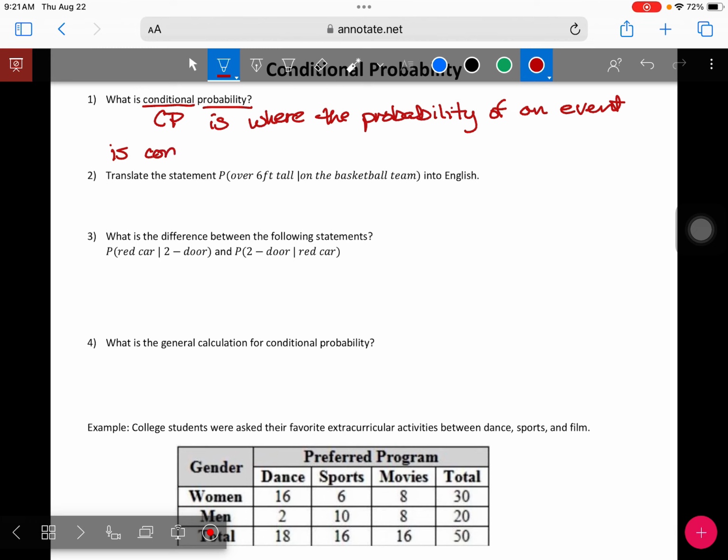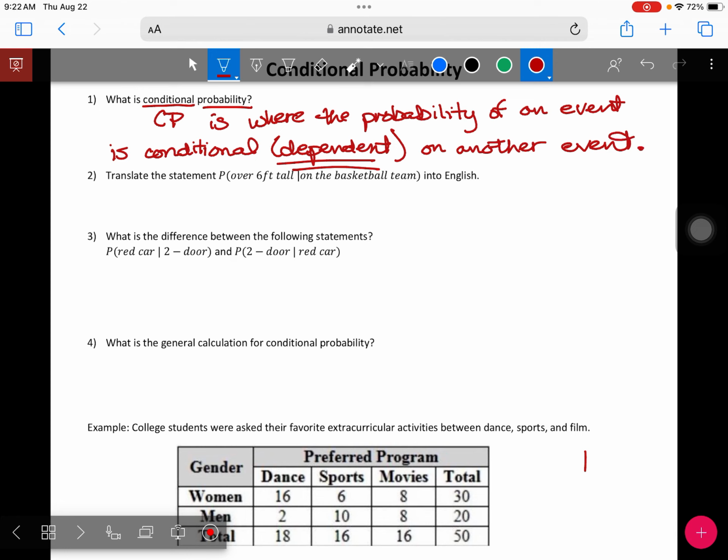Come on, let's go. Devion, put that away. Is conditional or dependent. Dependent, because I know you're not supposed to use the same word, on another event.